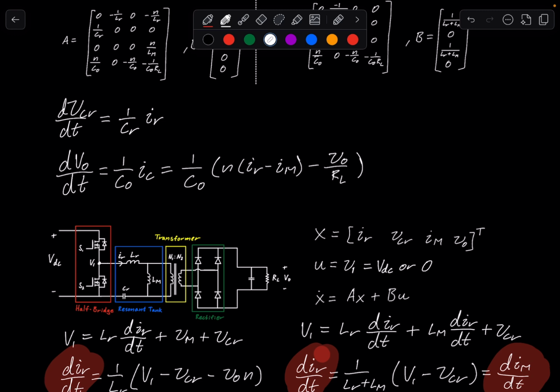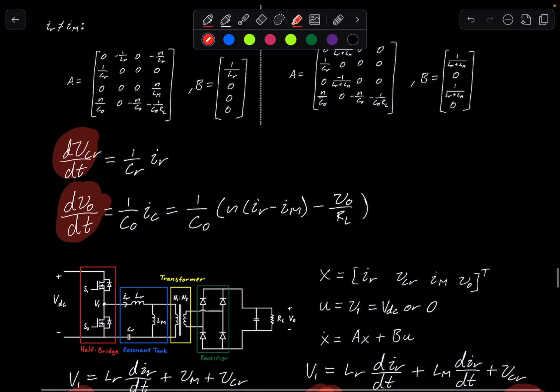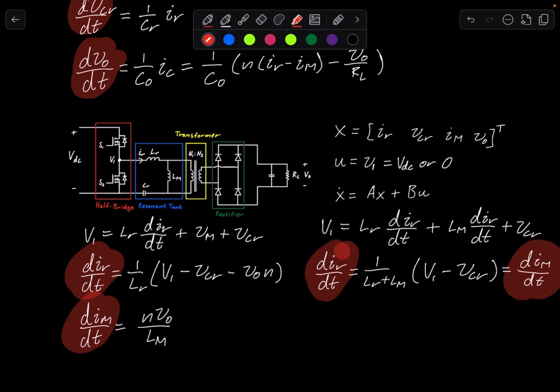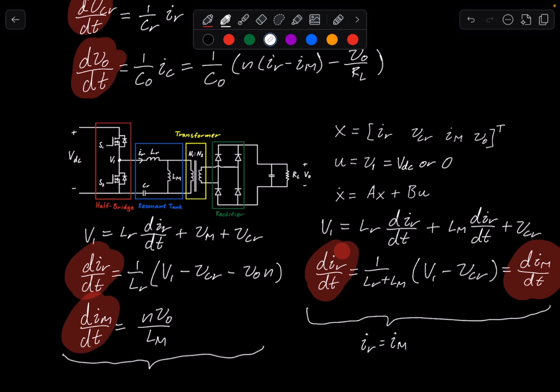So this would be the formula for the change of output voltage as well. Now by using all of these equations, you can actually find, so that we marked. So this is for one case. This is for when IR is equal to IM. And this is for when IR is not equal to IM.